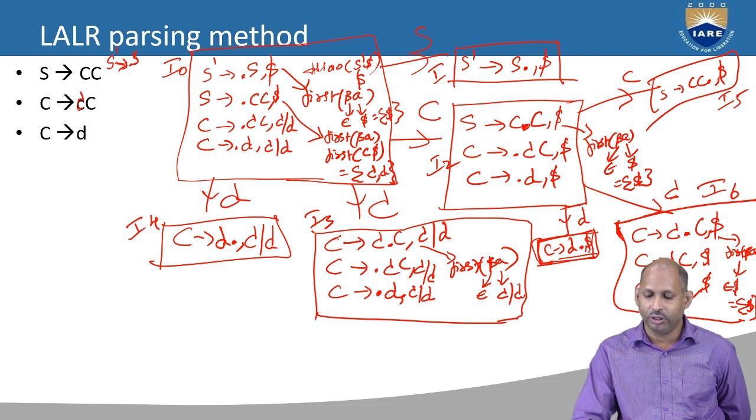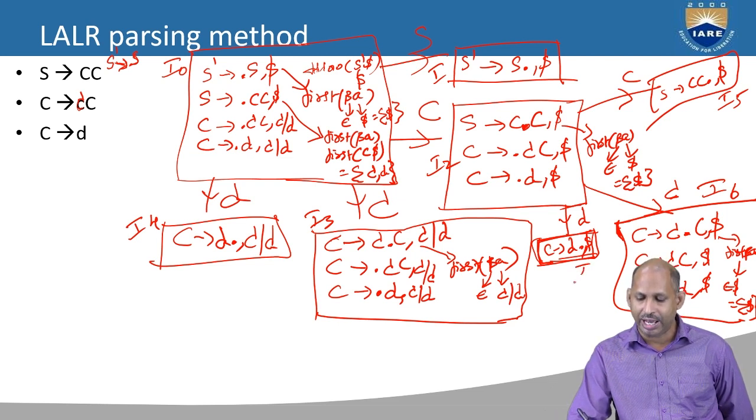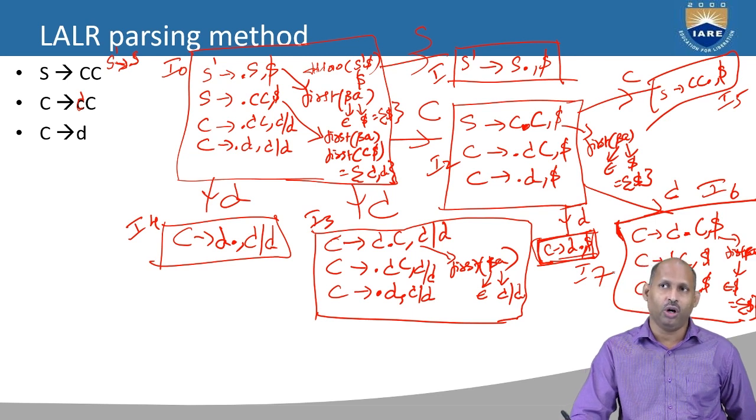C gives D dot with simply the dollar sign. We call it I7. Since the dot is at the end, you don't have any go to operations. Next, I2 is over.